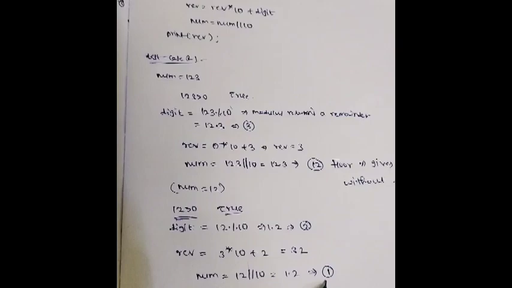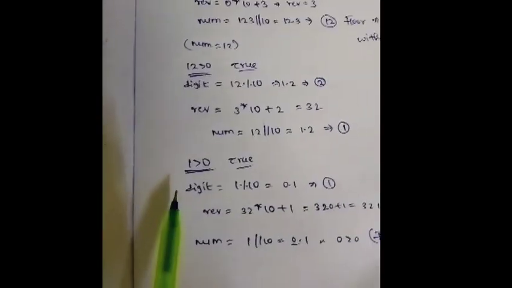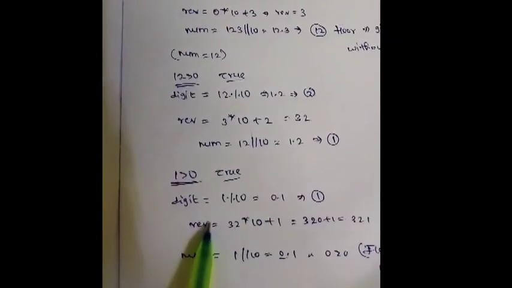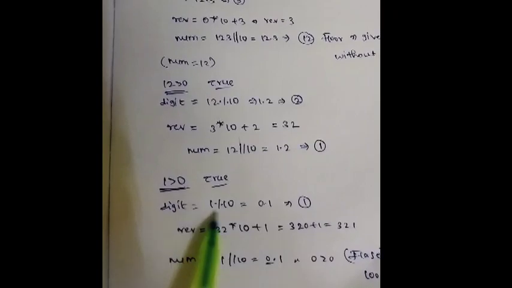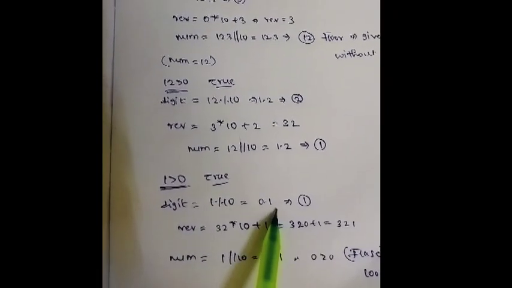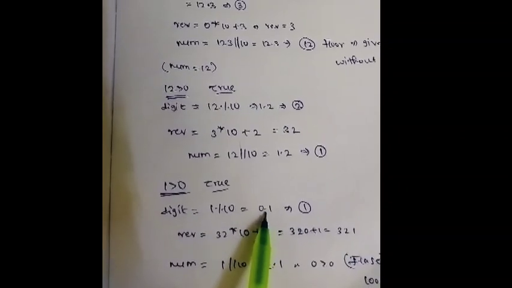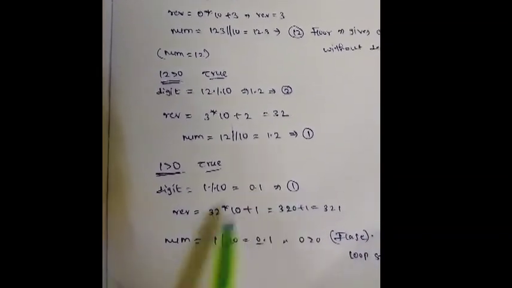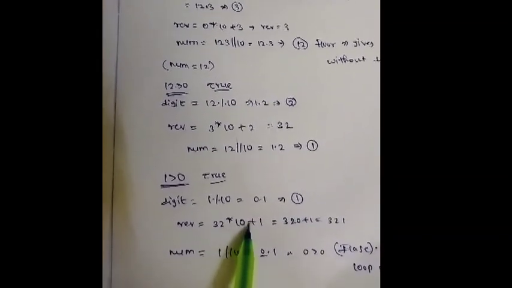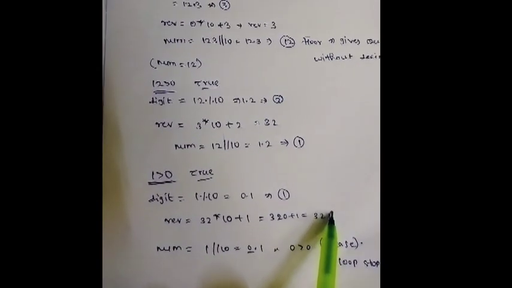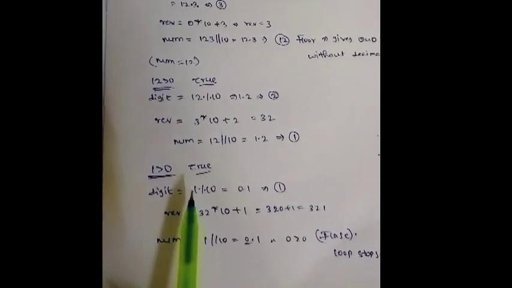From this you get 1, and again 1 is greater than 0, so the condition is true. With a similar step, 1 modulo 10 gives 0.1, the modulus remains the remainder, and you extract 1, where reverse is equal to 32 into 10 plus 1, which gives 321. But num is equal to 1, where num is equal to num floor 10.